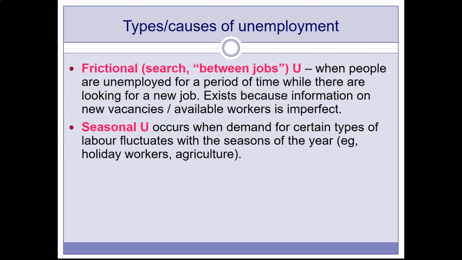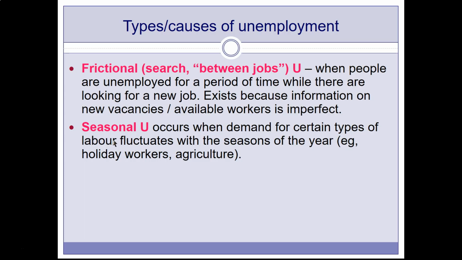This is what is called frictional or search or in between jobs unemployment. Again, kind of inevitable, because you cannot have immediate information about all available vacancies if you are searching for a job, and similarly companies won't have available data about all possible workers searching for a job right now.